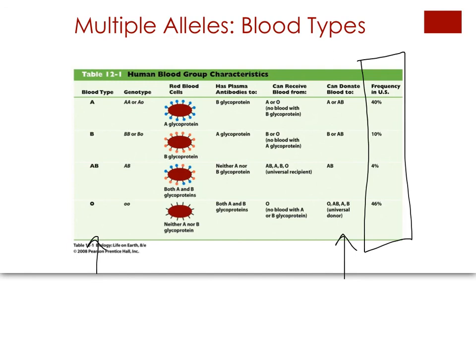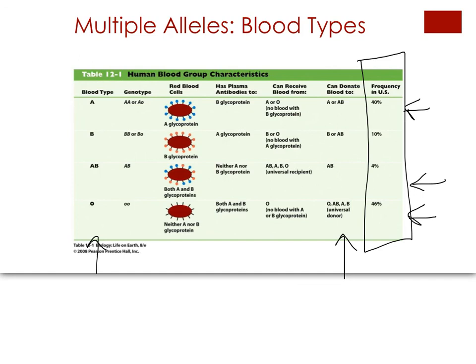I assume this is the population of the United States. So the most common blood type is actually type O. 46% of the population has type O blood. Next is type A blood, which is 40% of the population. The rarest type of blood would be AB, which is just 4% of the population.